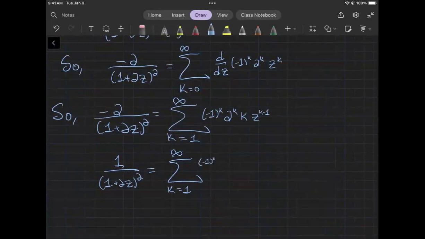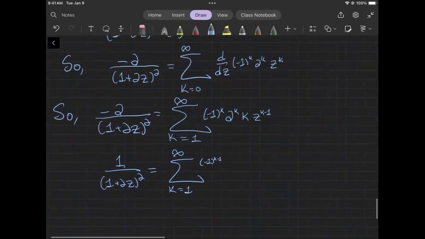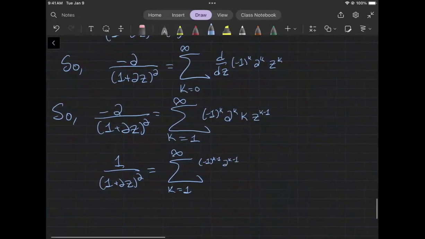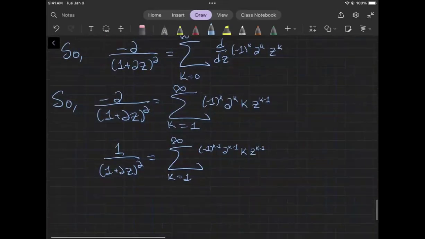So 1 to the k minus 1, 2 to the k minus 1 times k times z to the k minus 1 power. Okay, let me write this bigger. So minus 1 to the k minus 1 times 2 to the k minus 1 times k times z to the k minus 1 power.